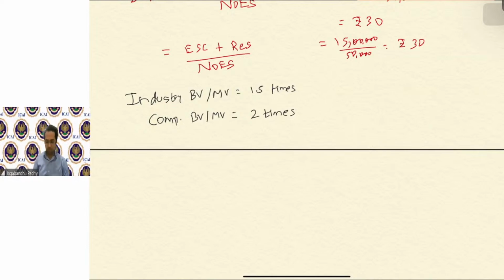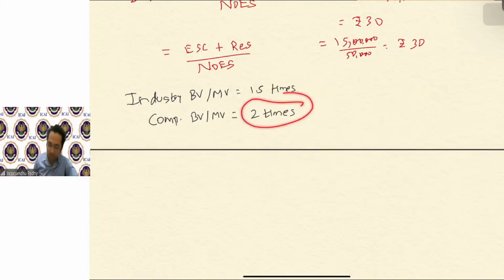Your company's ratio is two times, whereas all other companies are having 1.5. What can you say about the respective company? Is it overvalued or undervalued? What will be your conclusion?